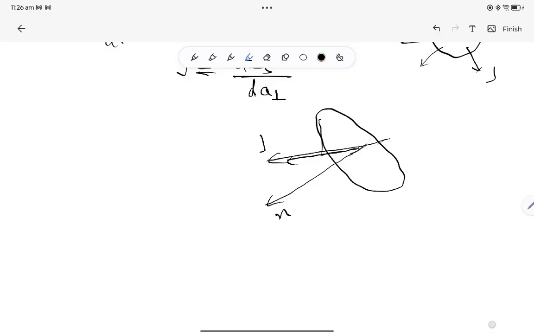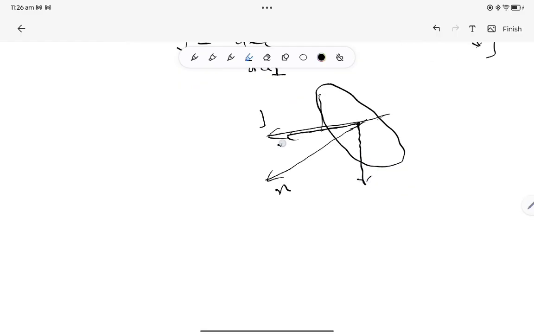another perpendicular to J, and that is this way. Since we have taken J as horizontal, this is the parallel component of normal, and this is the perpendicular component of normal. Now you see, if you have an area like this, then this N denotes its orientation.